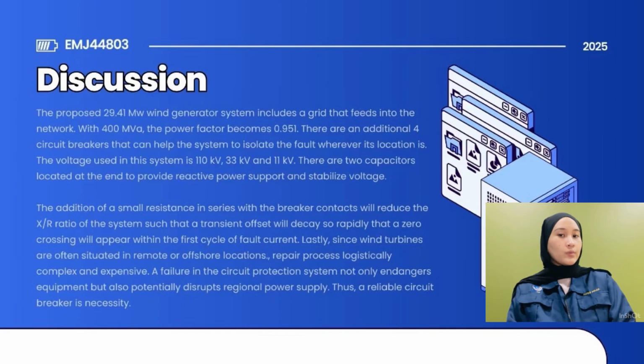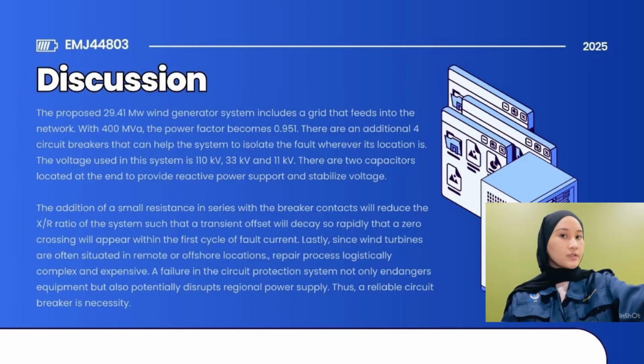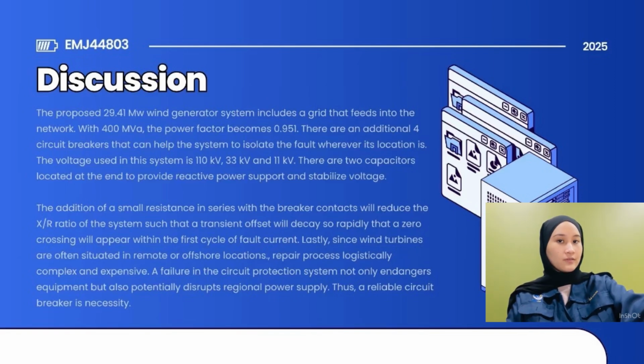Since wind turbines are often situated in remote or offshore locations, this makes any repair process logistically complex and expensive. A failure in the circuit protection not only endangers equipment but also potentially disrupts regional power supply. Thus, a reliable circuit breaker is a necessity.